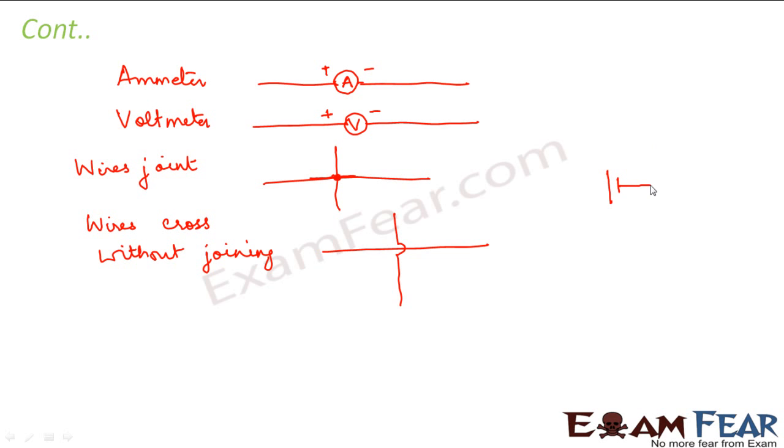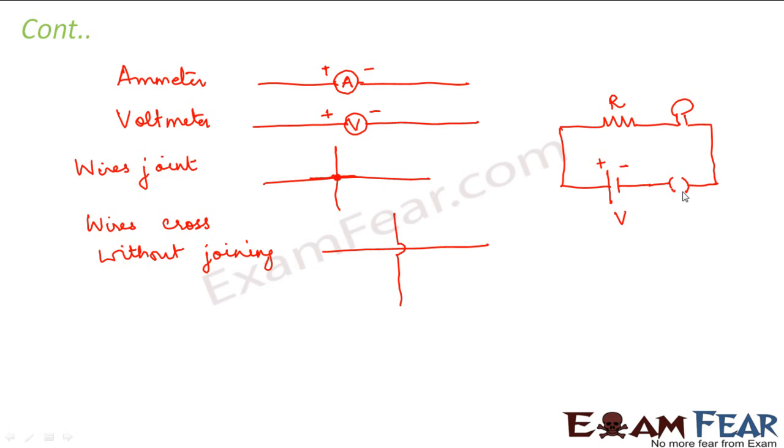First of all, I have a battery or a cell. This is positive, this is negative. This is connected to a resistance, which in turn is connected to a bulb. And then there is a switch in this circuit.